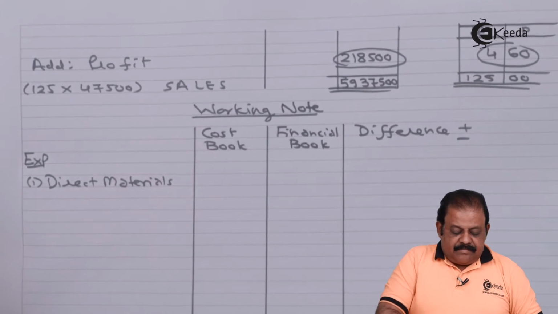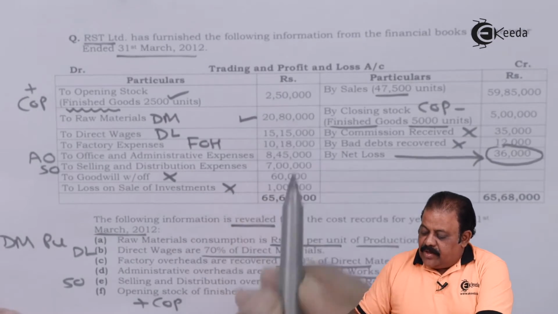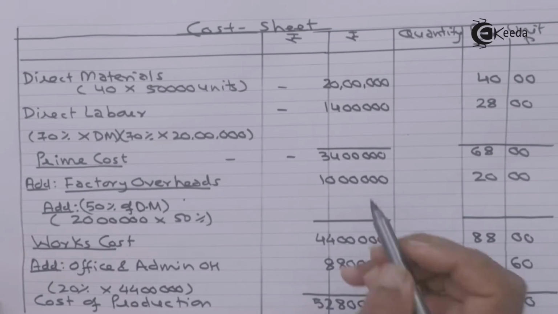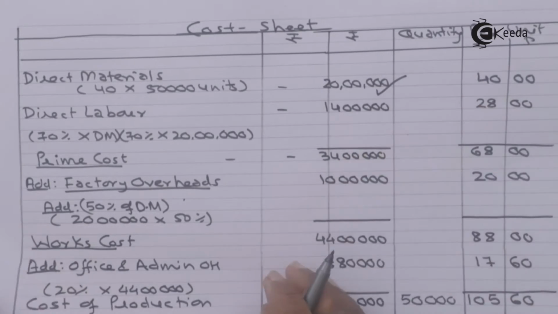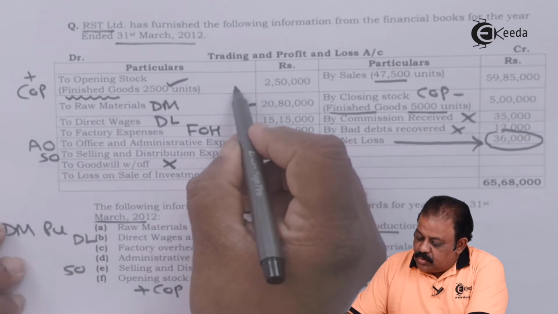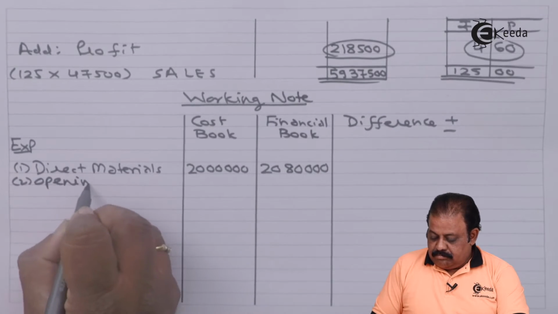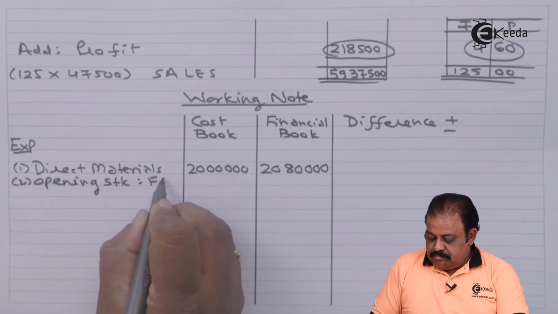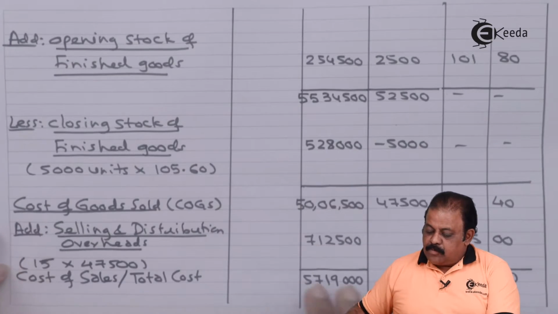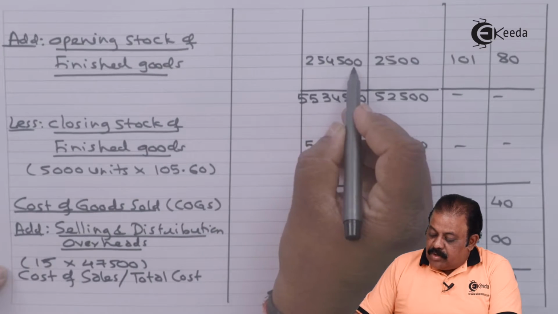Direct materials as per financial book, it is 20,80,000. As per cost sheet, it is 20 lakhs. Opening stock of finished goods 2,50,000. As per cost book, opening stock of finished goods 2,54,500.